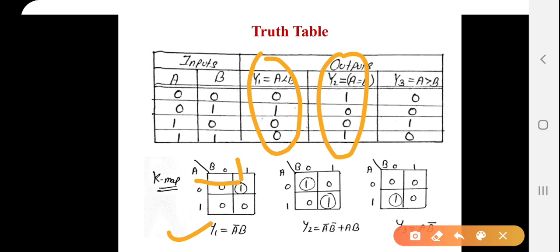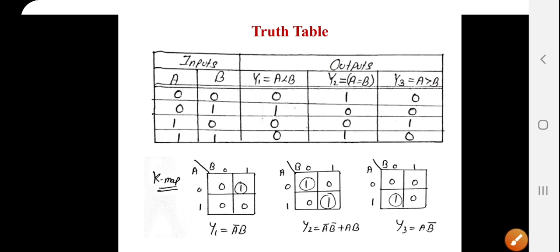After solving this K-map, we will have A bar B bar plus AB as output, which is also equivalent to the XNOR gate. For the third column, we have 0, 0, 1, 0, and after solving, it will give you AB bar. So these are the three outputs: A bar B, A XNOR B, and A B bar.